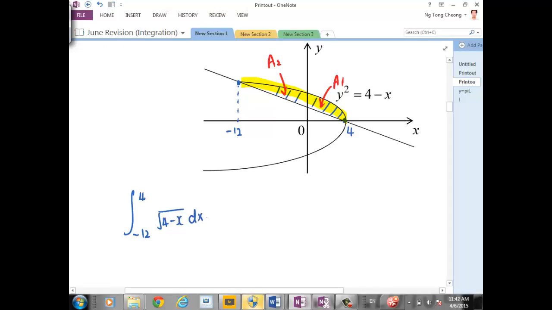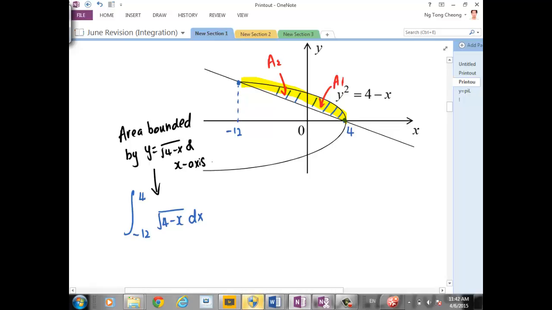One thing that you need to take note of is whenever I integrate, for example this, when I do this integration, I'm actually looking at the area bounded by this curve, y squared equals 4 minus x, and the x-axis.